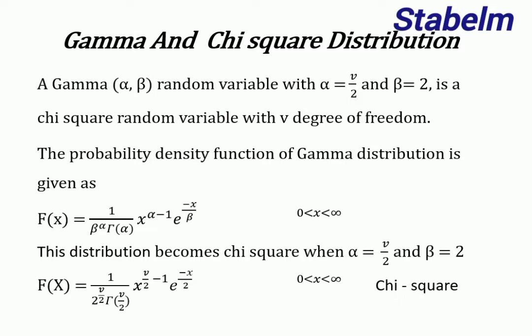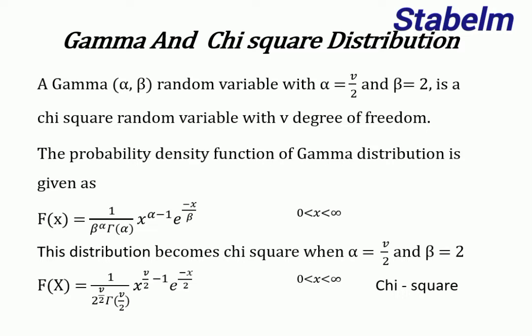So we have the probability density function of chi-square distribution, which means gamma distribution can become a chi-square distribution as long as alpha is set to half of the degrees of freedom and beta is equal to 2. Definitely we are going to have a chi-square distribution.